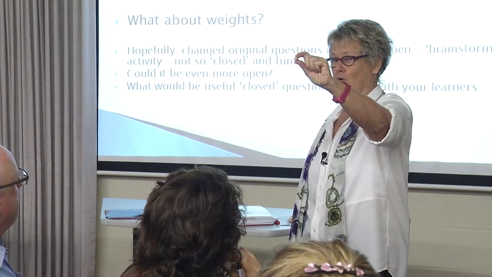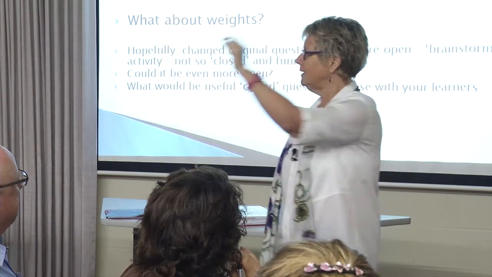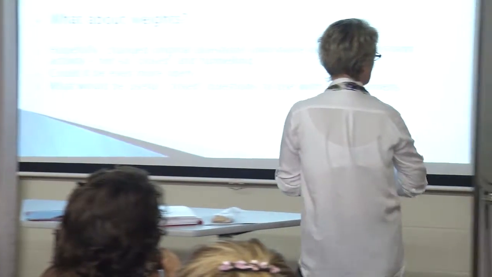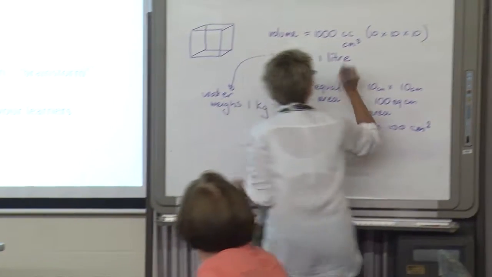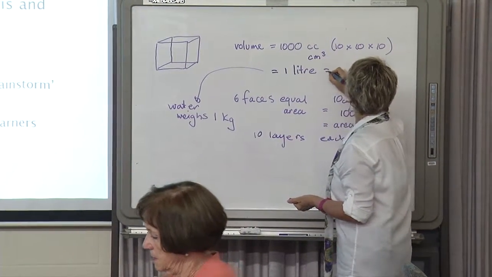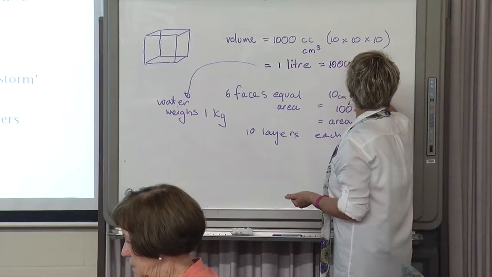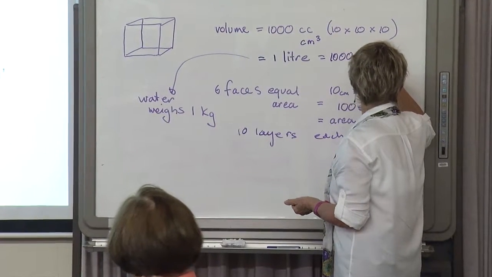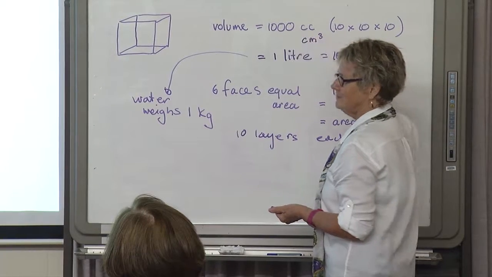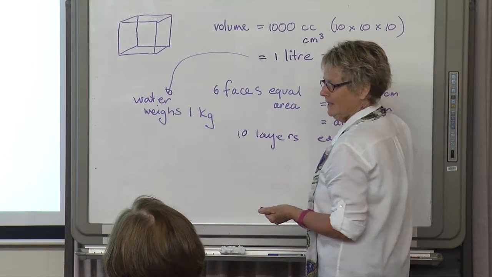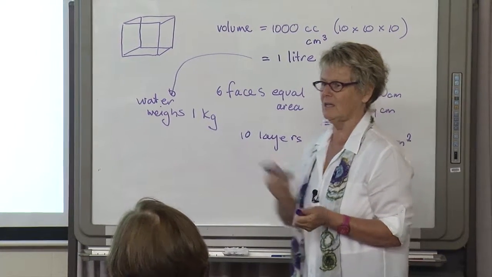It's a gram of water. Yeah, it's a millilitre, because we also know that 1 litre is 1,000 millilitres. So cubic centimetres and millilitres, they're the same thing.